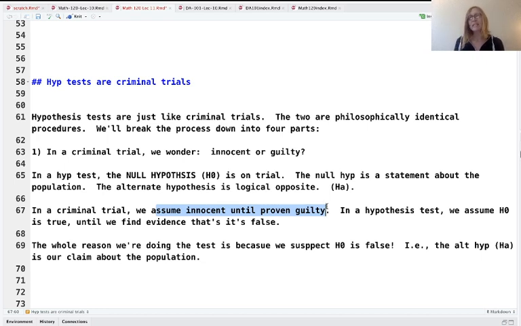And we do exactly the same thing in a hypothesis test. In a hypothesis test, we assume by default that the null hypothesis is true. That's our statement about the population. But the real reason we're doing the hypothesis test in the first place is because we suspect that the null hypothesis is false.